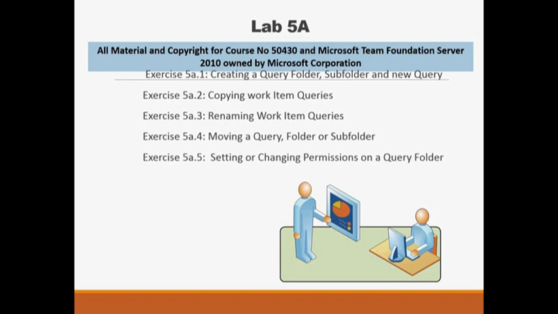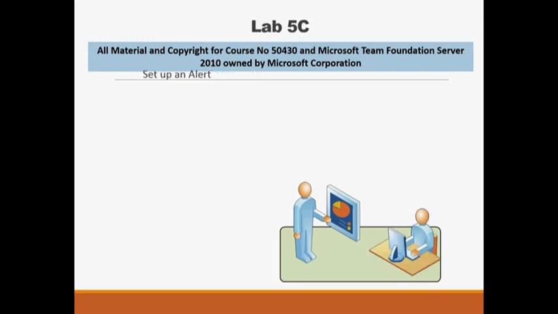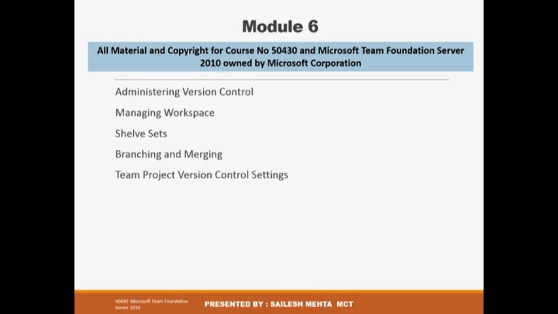Module 5, we'll be working with work item queries, modifying work items, setting up alerts, and using the Power Tools. In Module 6, we'll be talking about administering version control, managing workspaces, working with shelf sets, how to create them, how to delete them, how to retrieve them.